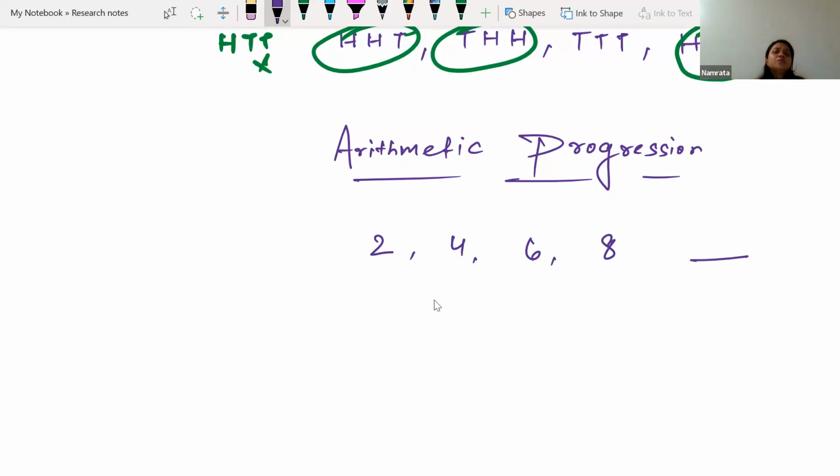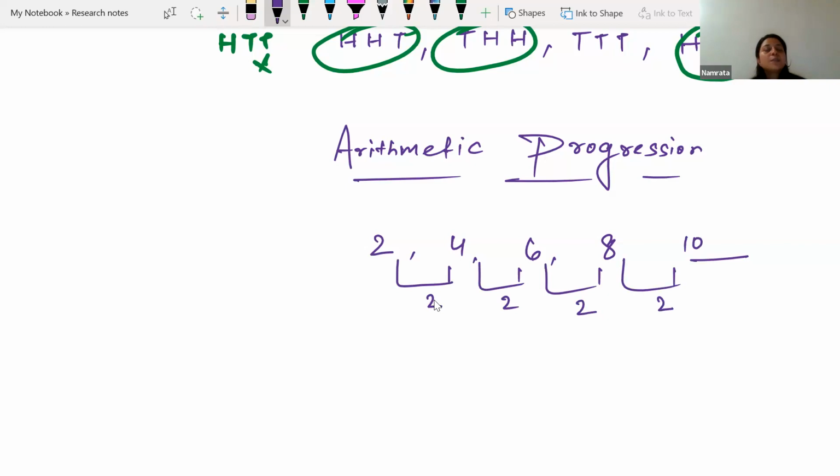Even if the term arithmetic progression was not known to you, what we used to do was see the gaps. The very first thing for solving any sequence or pattern or series is to see the gap. The gap between these two is 2, between these two is 2, between these two is 2. Then the next gap will again be 2, and the next number will be 10.